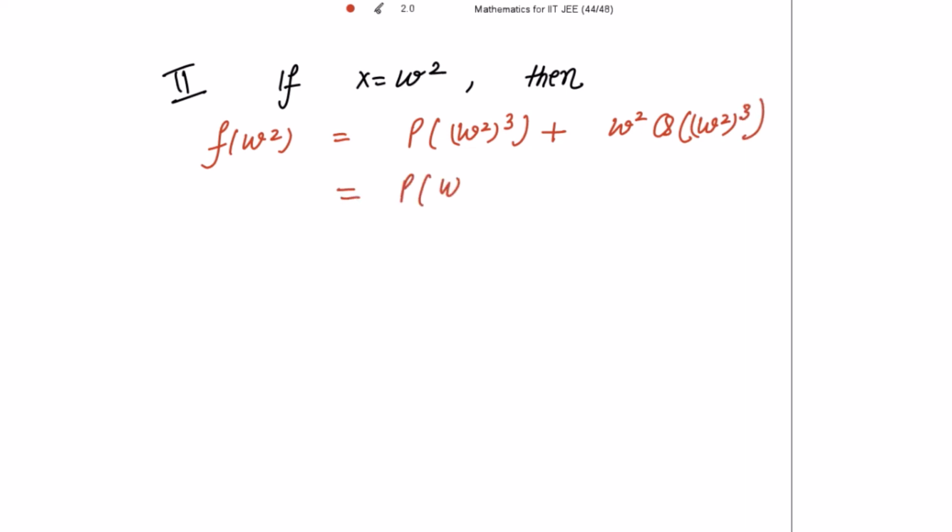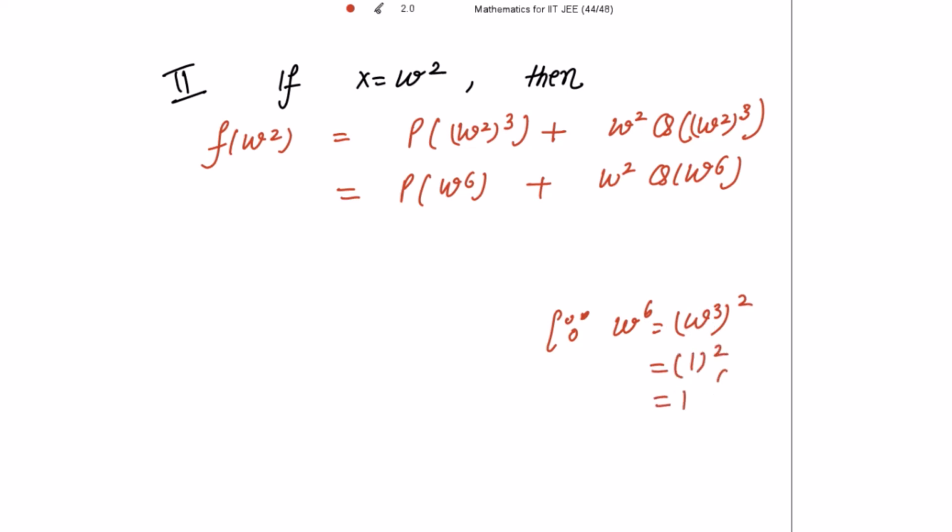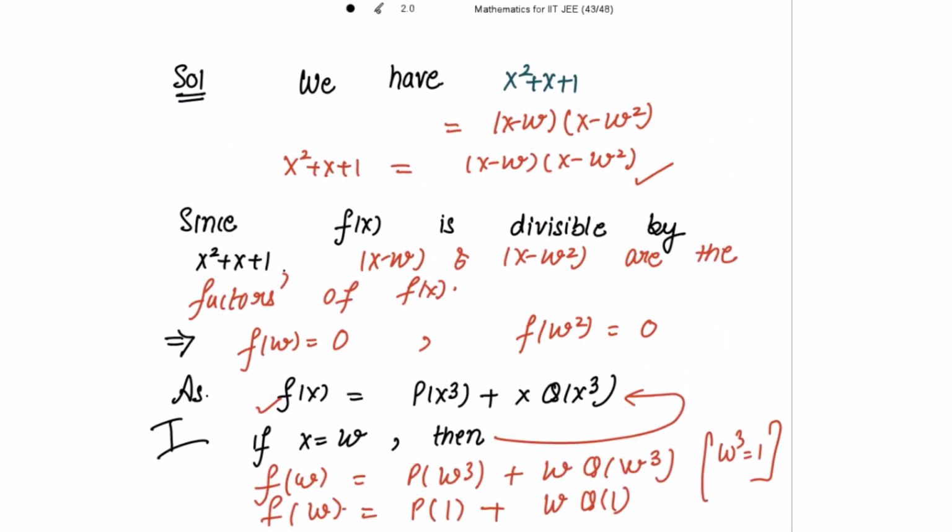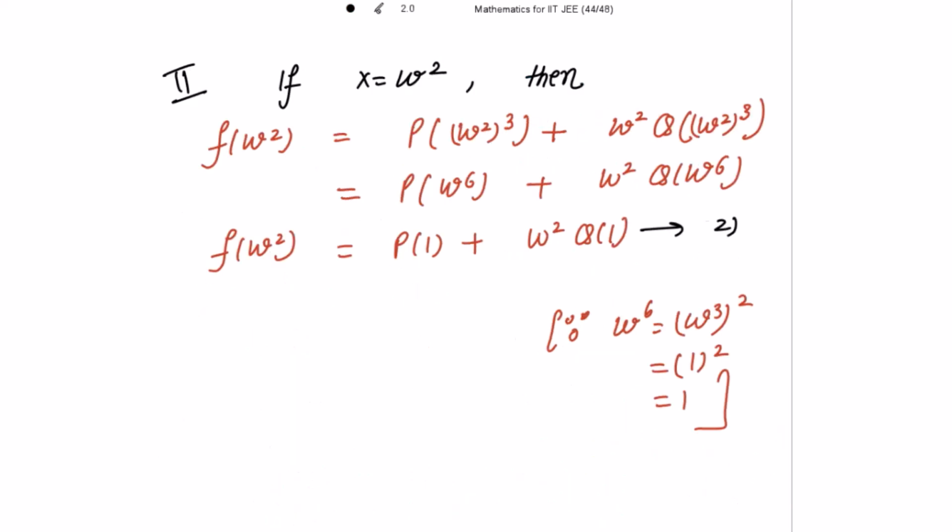So this is P(omega⁶) plus omega square Q(omega⁶). Please note that omega⁶ can be written as (omega cube) square, and omega cube is 1, so this is 1 square, that is equal to 1. So this is P(1) plus omega square Q(1). This is f(omega square). Please mark this equation as 1 and this as 2.